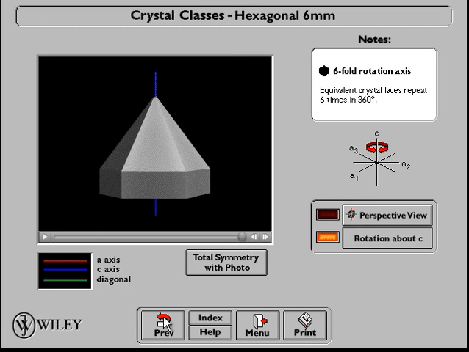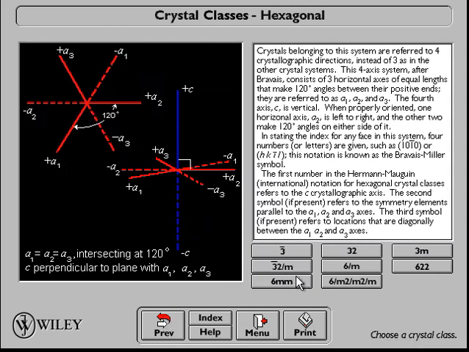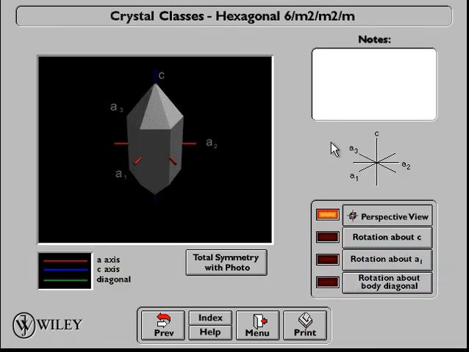Yeah? Previous. We are going now to our last example, 6 over m, 2 over m, 2 over m. That means we have now a hexagonal crystal with a 6-fold rotation axis perpendicular to a mirror plane, a 2-fold rotation axis perpendicular to a mirror plane, and another 2-fold rotation axis perpendicular to a mirror plane.